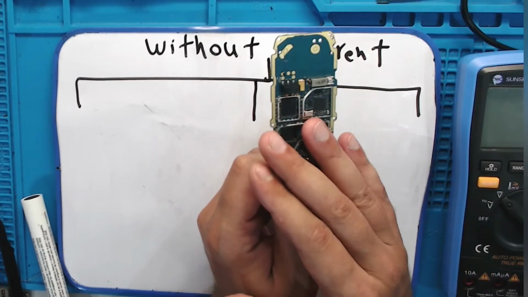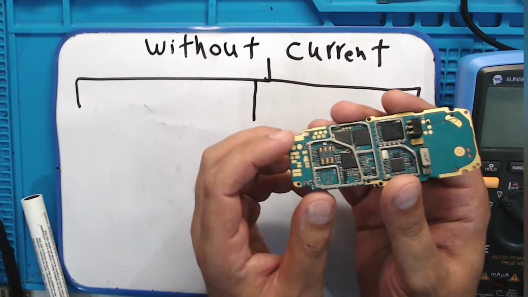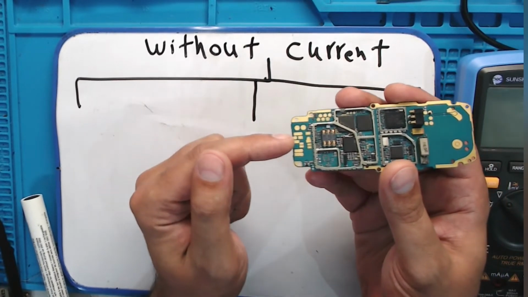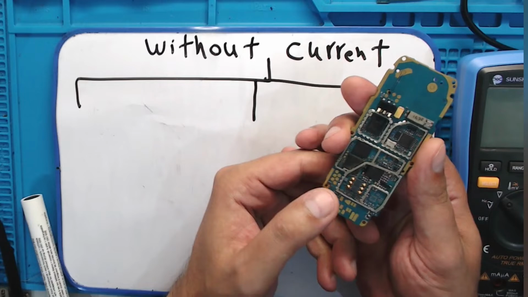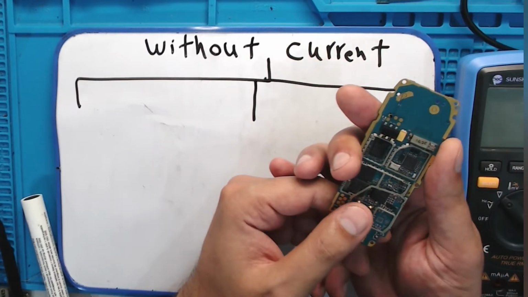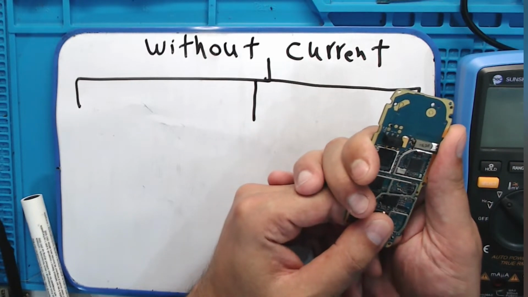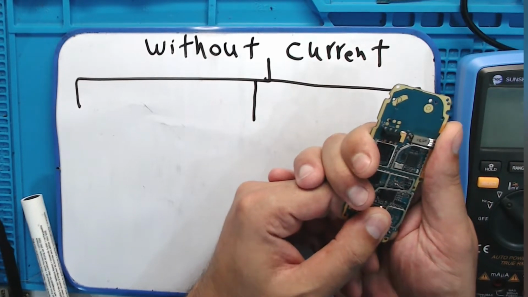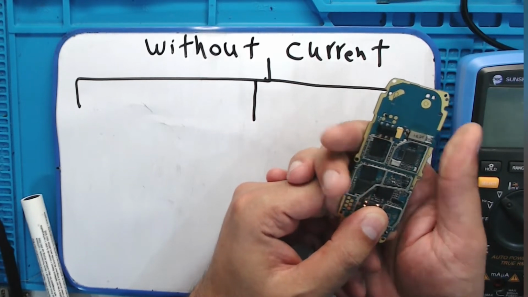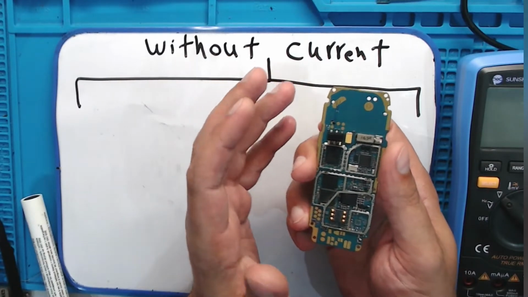I want to tell you how to do it, because the normal way doesn't always work. You need to put the charge cable on the phone and, for example on an iPhone 6, press the home button and the power button together for 30 seconds. If the logo comes up, that means you fixed the phone.